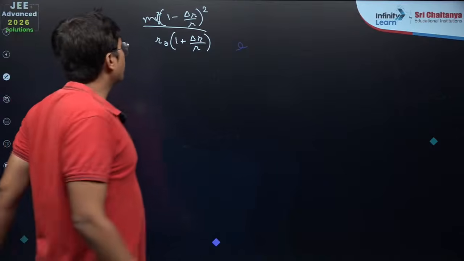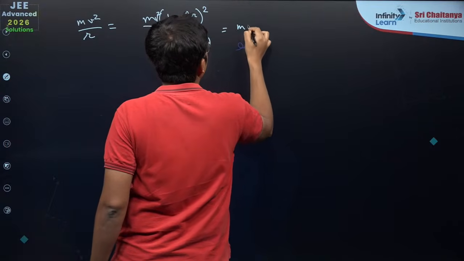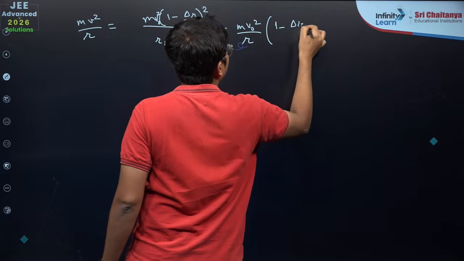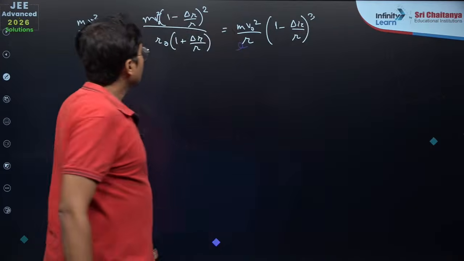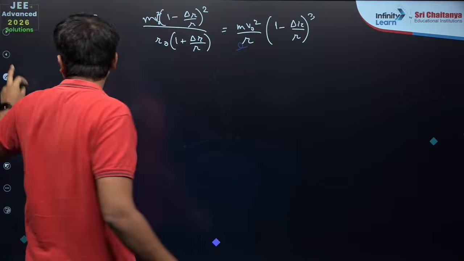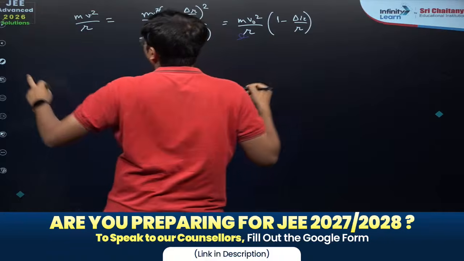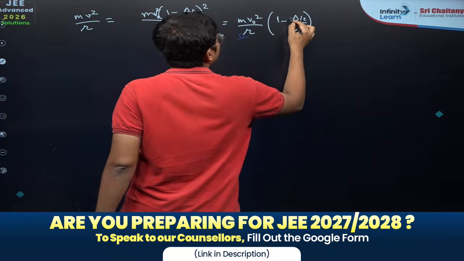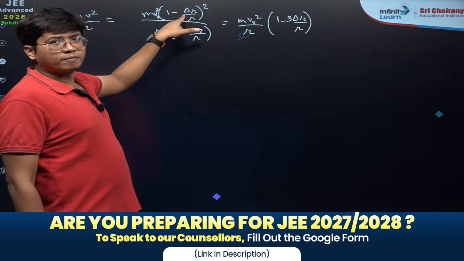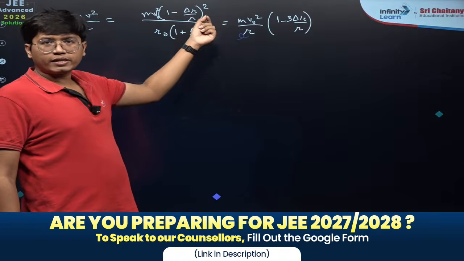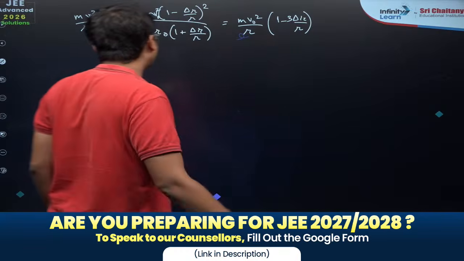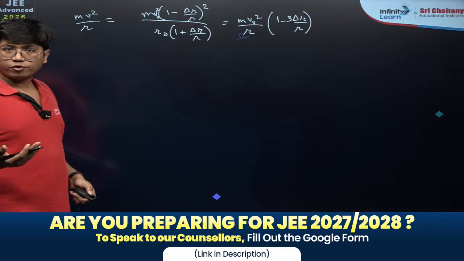You can apply a binomial approximation here, sending it on top, to make it mv0 square by r0 times 1 minus 3 delta r by r. Don't write it as a whole cube; directly apply binomial approximation. You can even say it this way: bring the 2 in, then 1 plus delta r by r to the power minus 1, and you'll get another factor. So once you have that minus 3 delta r by r, now you know the new centrifugal force.